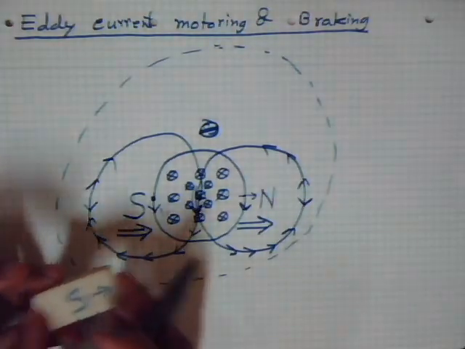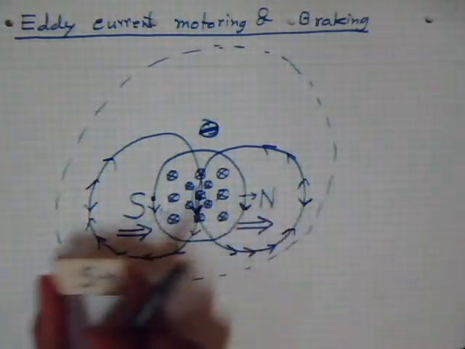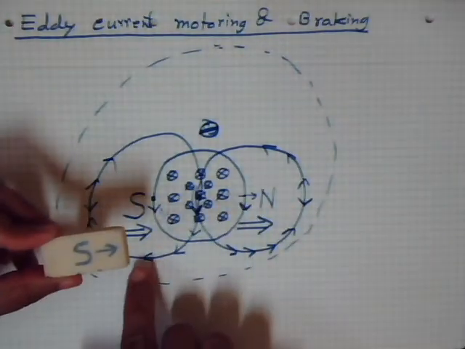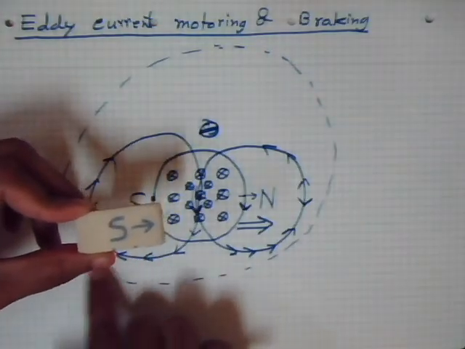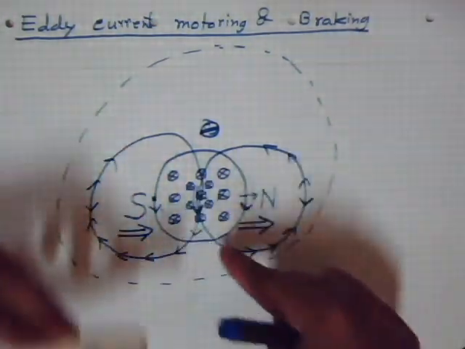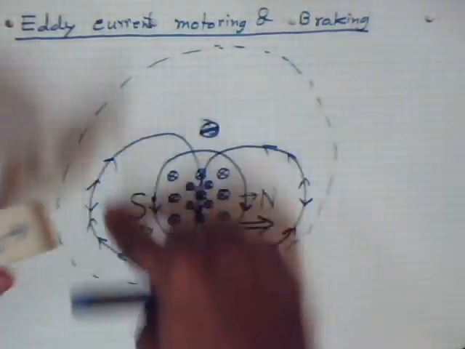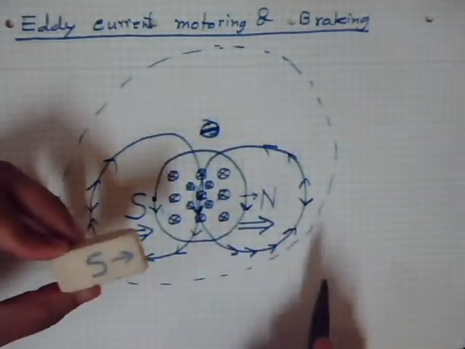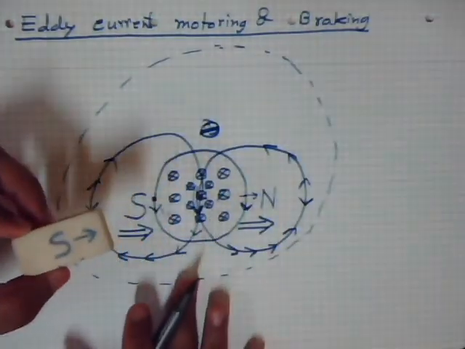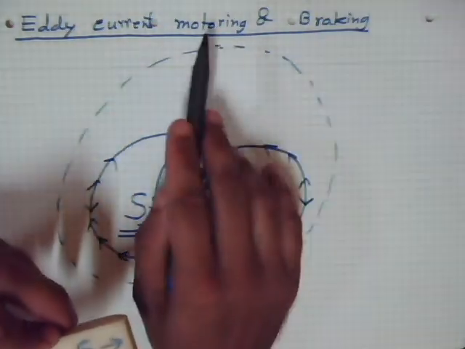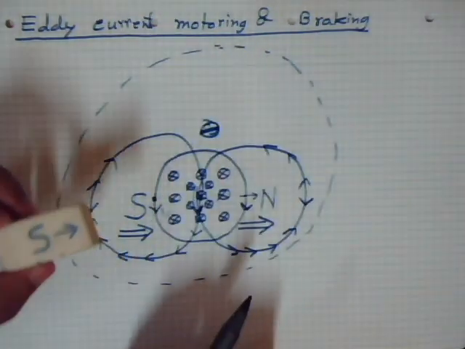Then if I slide the magnet over this sheet, it will try to rotate this sheet in this anti-clockwise direction. So this is therefore known as eddy current motoring.